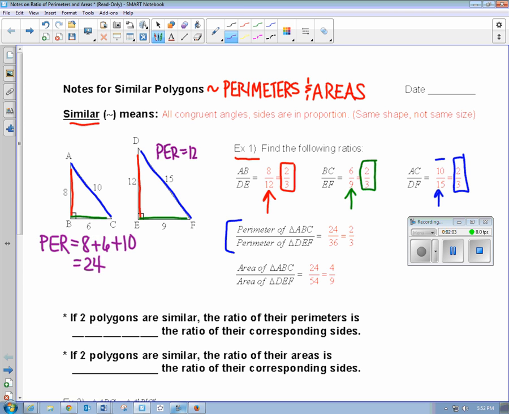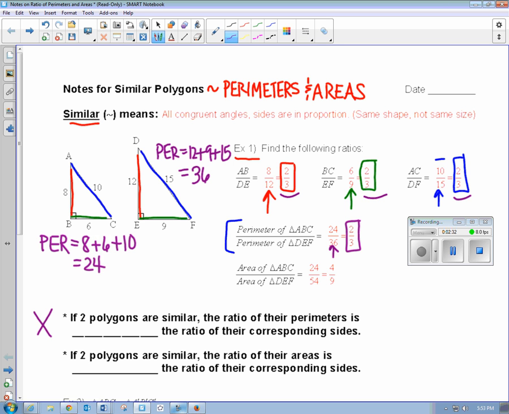So this is going to be 12 plus 9 plus 15, which gives me 36. So if I take the two perimeters and I write them as a ratio, 24 over 36, it reduces to 2 over 3. You're supposed to notice that there is a relationship here, because whatever the ratio of the sides is, remember we got 2/3, 2/3, 2/3, the ratio of the perimeters will be exactly the same.